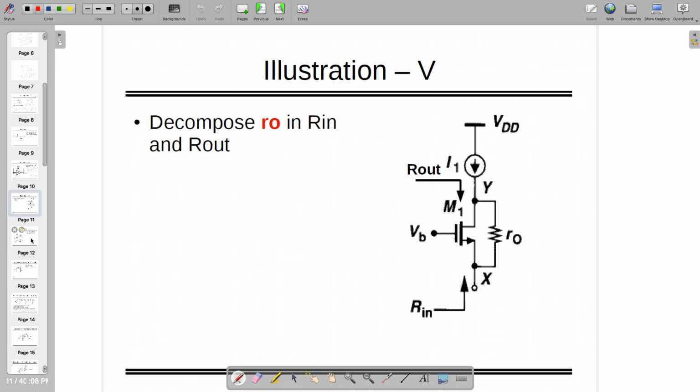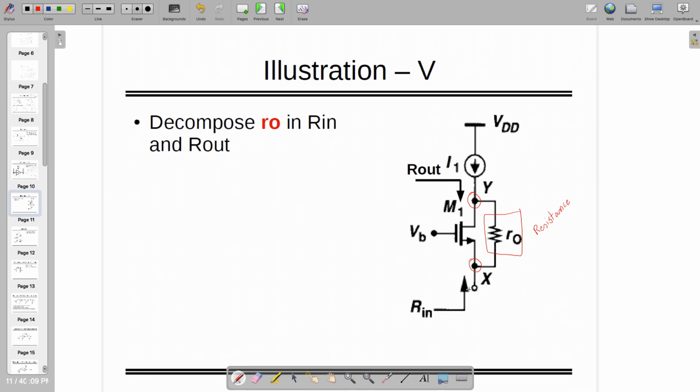Now let's look at the other part. That illustration says that I'm connecting an impedance, which here is a resistance, from point X to point Y. Now we need to see whether there is any gain or not.